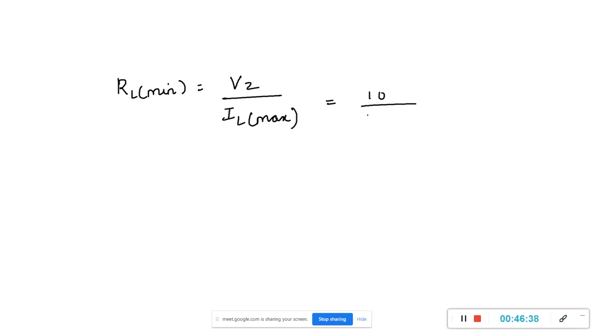This is given by 10 divided by 28.33 into 10 raised to minus 3. So what is the answer for this? 352.98.